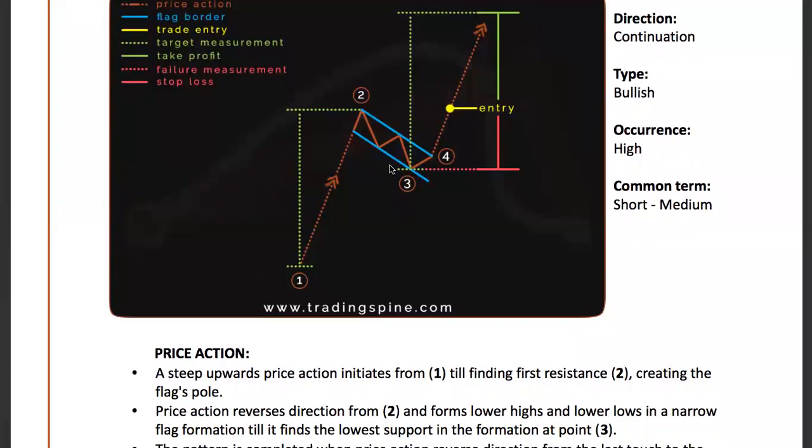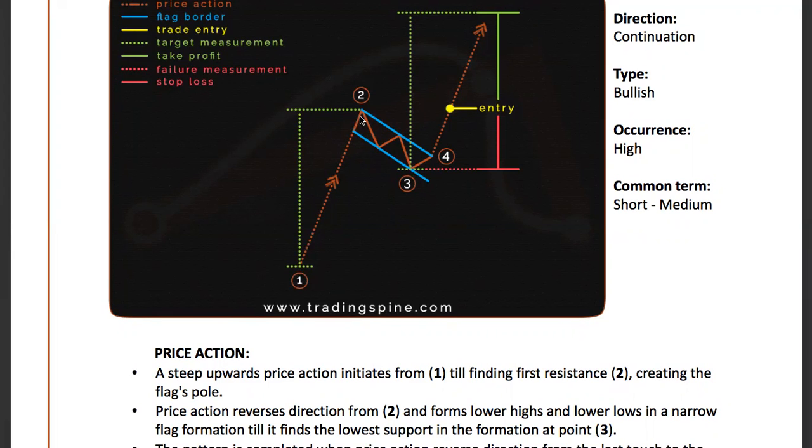So this now is a bullish pattern. This bullish pattern symbolizes just a pullback or a retracement. It's just like a normal, where you have your extension and your retracement.